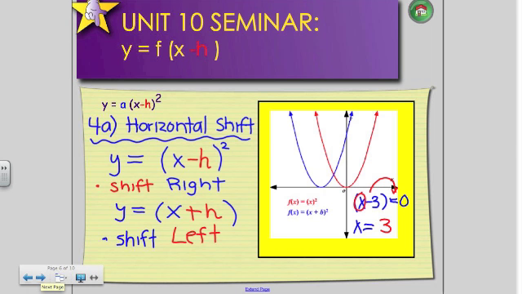That's why when you see a negative inside the bracket, the actual value of that is a positive number. That's why we move right. The actual value of a positive number you see in the brackets is a negative value, and that's why that moves to the left. So always, always think in terms of opposites. So I'm going to give you an example.